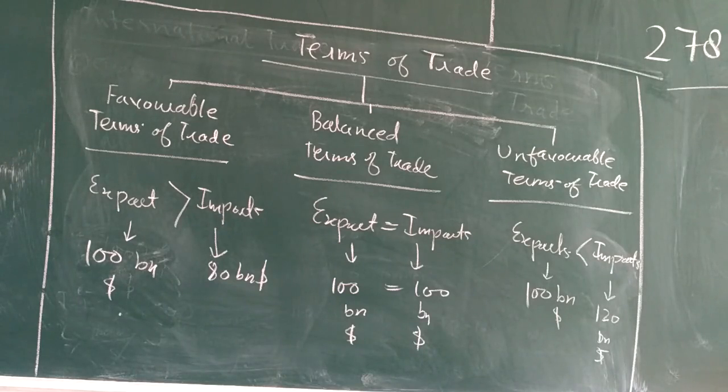But such a condition is almost away from reality. Very few countries experience balance of trade, and even if it is experienced by some countries, it remains for a very short duration. It does not sustain for a long time. That is one of the peculiar aspects of terms of trade, because the trade and business scenario is ever-changing. It's a dynamic field, and nothing is static.